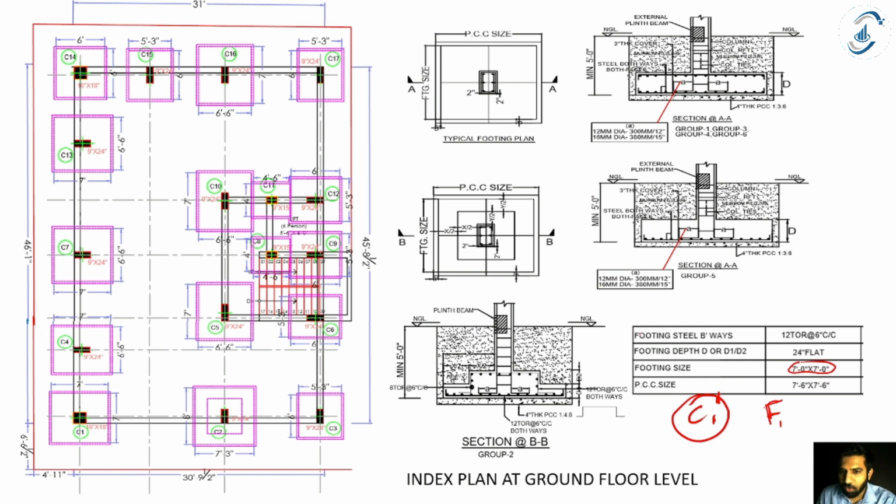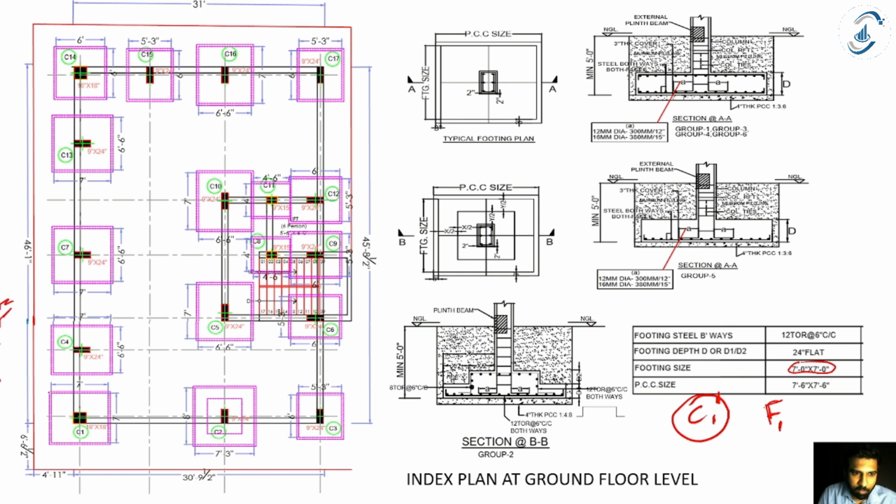So this cross section and these values which I've taken, that is the length, breadth and depth of my foundation, are particularly for the C1 foundation, F1, located below the C1 column. What is the length of that foundation?